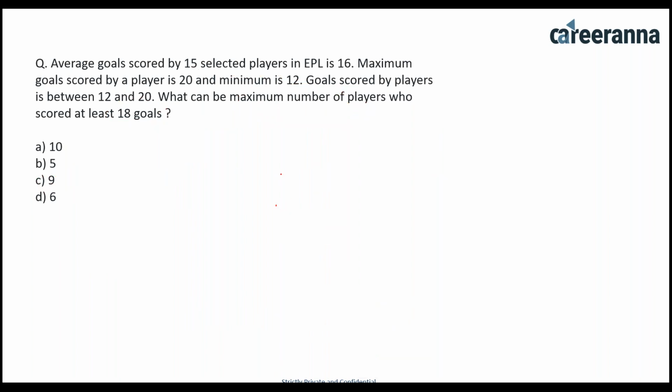So 18 plus should be maximized. And one person scored 20, right? We have 15 players. The average is given to be 16, right?